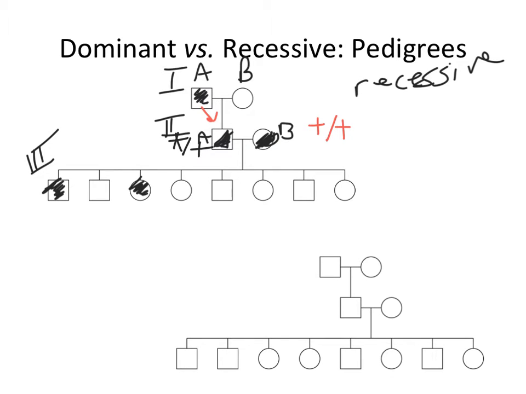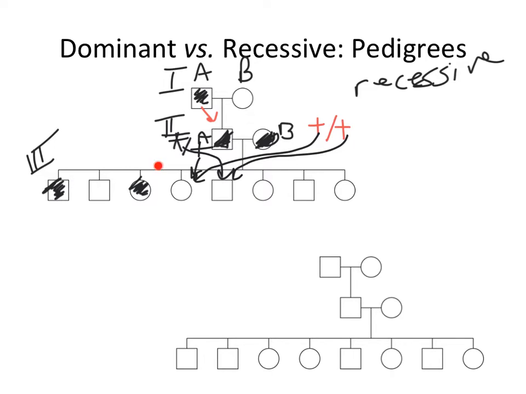Two options: homozygous dominant or heterozygous. So you either inherit 2 pluses, you're homozygous, or you would inherit the mutation with a plus. That individual would be a carrier, they wouldn't have the phenotype.